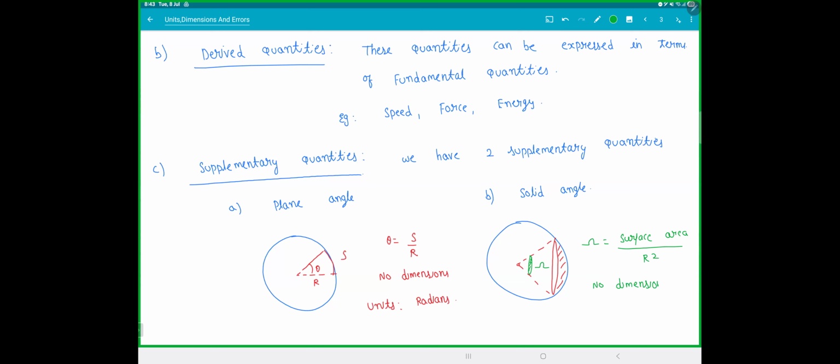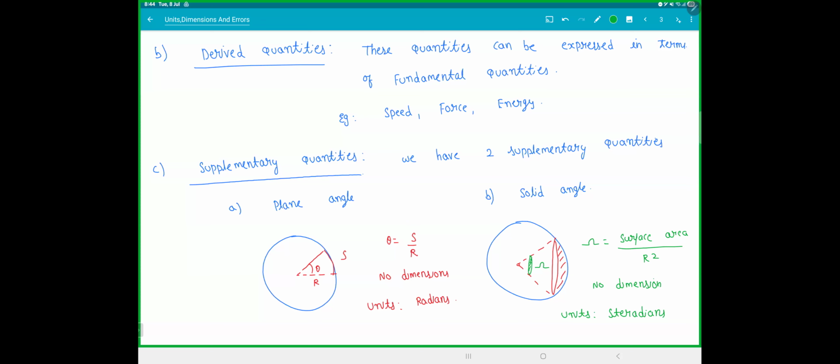And the units are steradians. We will talk about this later on in electrostatics, but we can do this without using it. We did find it, but I didn't call it solid angle. We just found the surface area. There, these are the 3 quantities.